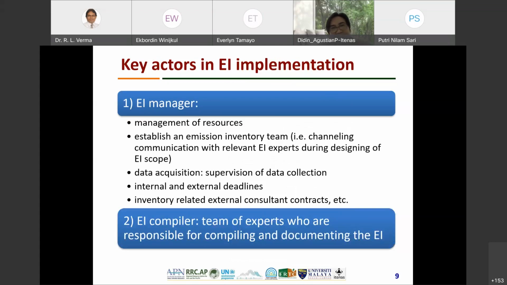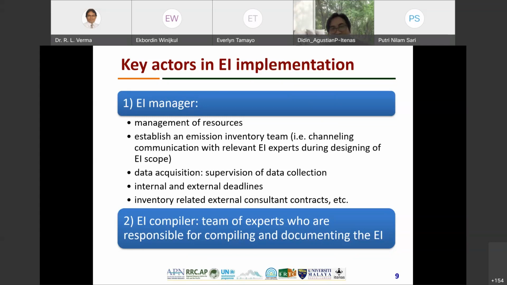At least there are two key actors in EI implementation. The first one is the emission inventory manager, the one who needs to manage the resources, establish the emission inventory team, and handle data acquisition and supervision of the data collection, etc. The second is the emission inventory compiler, a team of experts responsible for compiling and documenting the emission inventory.